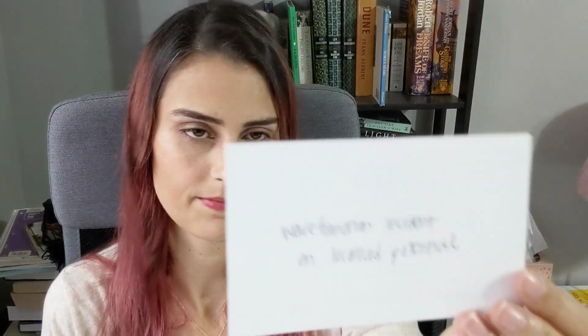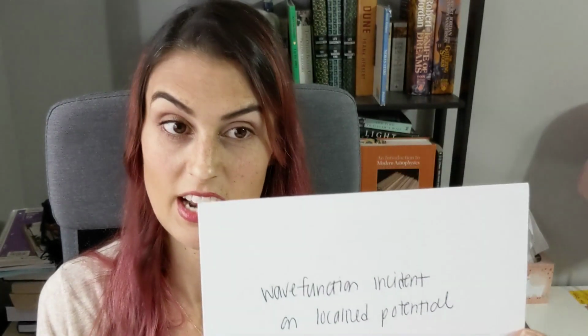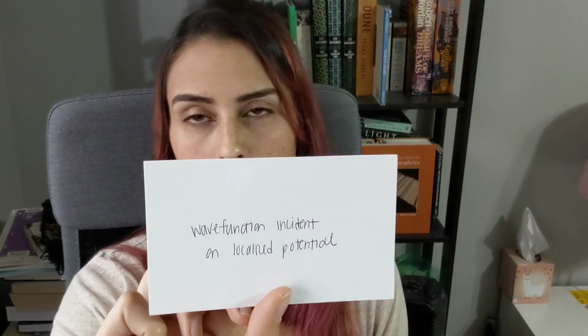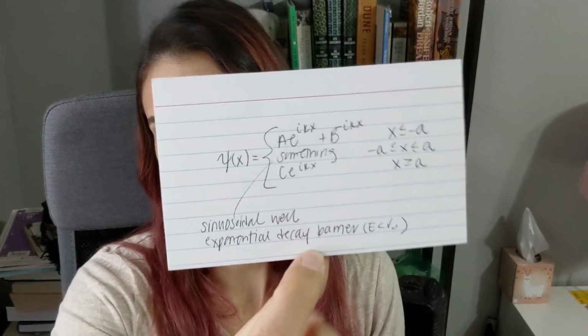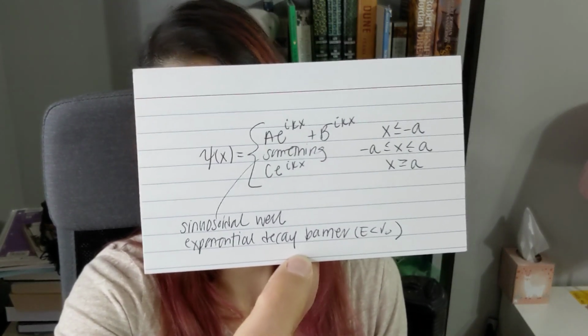Like we've been looking at the finite well and the infinite, stuff like that. So that changes. And then once x is greater than a, then it's big C e to the i kx. So these are the different ways. For example, for a well, it's sinusoidal. For a barrier, it's an exponential decay between the localized potential.